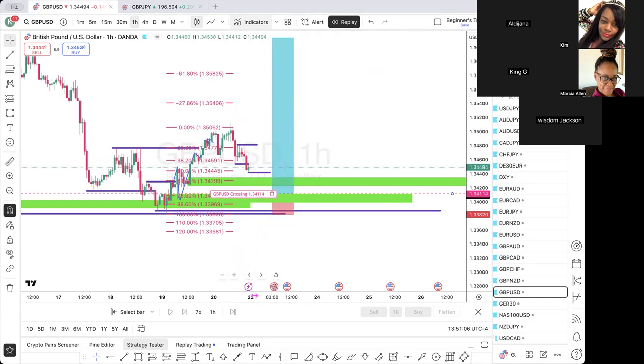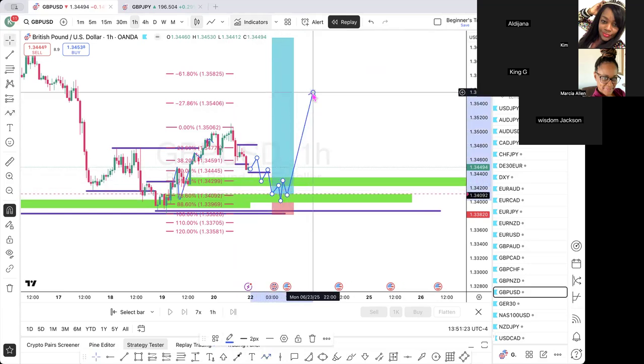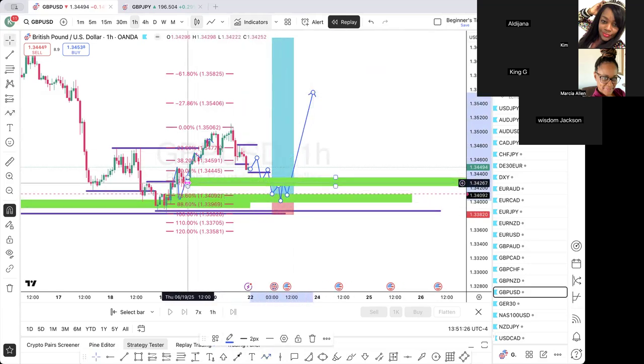As we can see, we broke structure, so we're expecting a pullback, whether it comes to this supply or not. Push down, pull back, push down. Just look for structure. I would be looking for price to come down here. At this point, this is the 618.